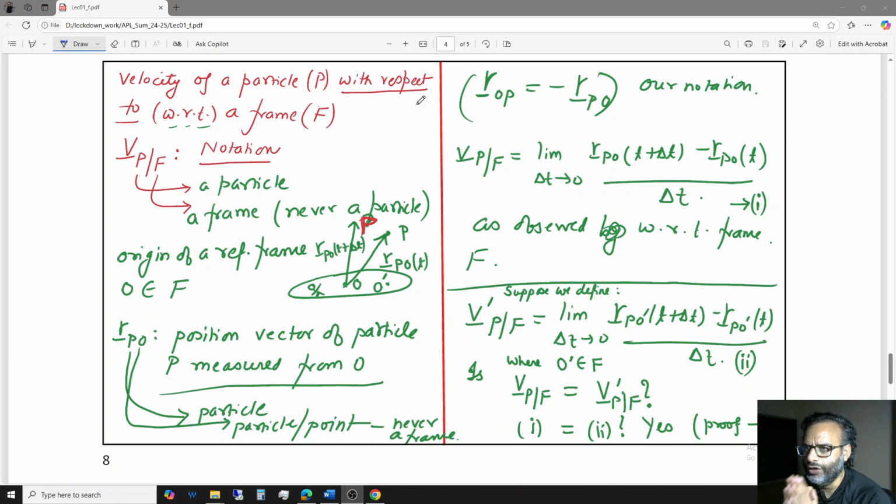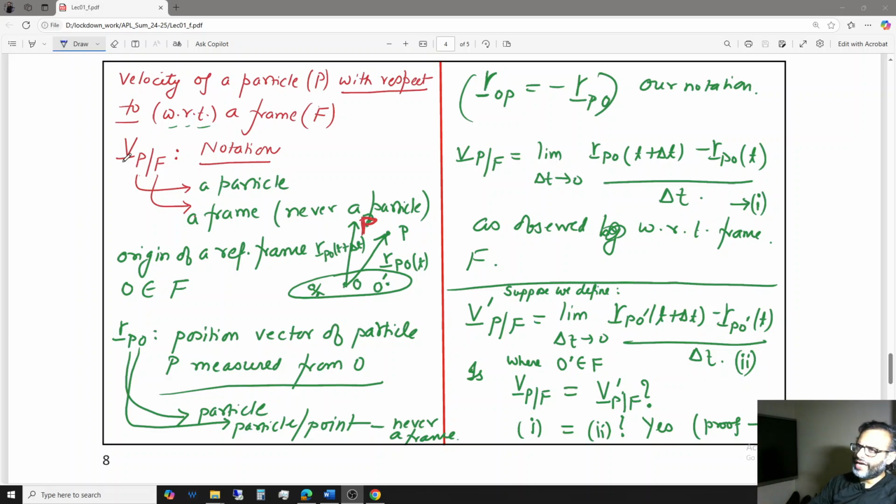In this course we will use this notation, V subscript P bar F. So this notation itself is conveying a lot of things. V means velocity, P means of the particle, and F means with respect to which frame. Now whenever I write VPF in this course, P will always be a particle, it cannot be a frame.